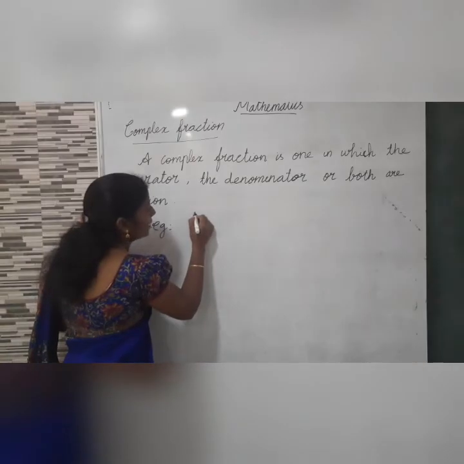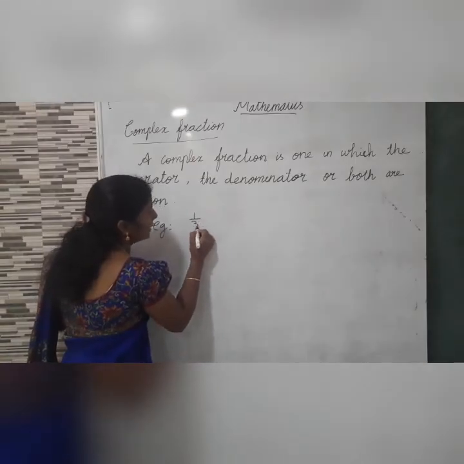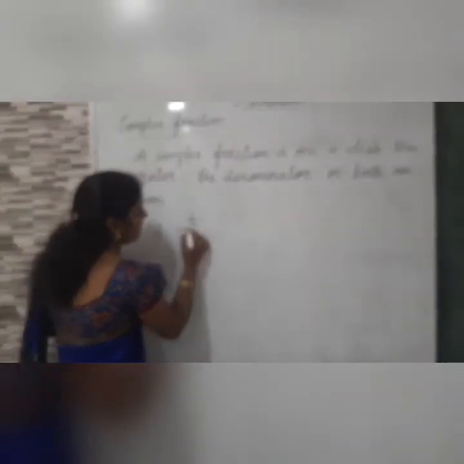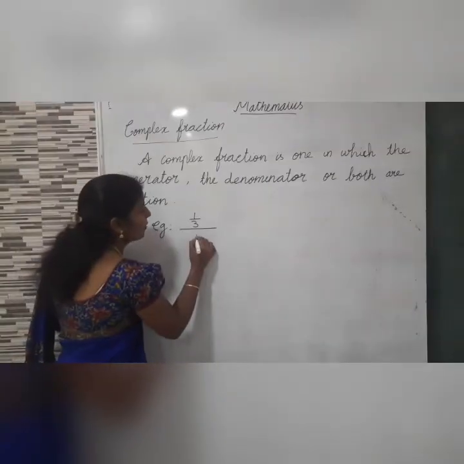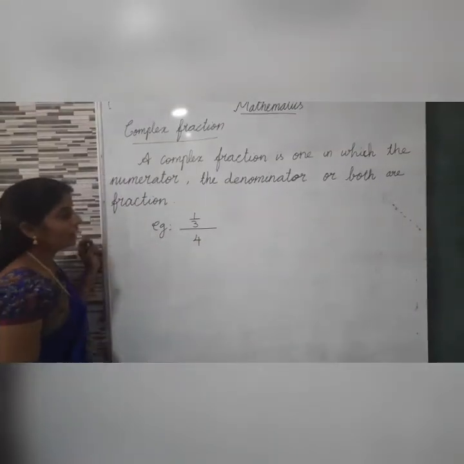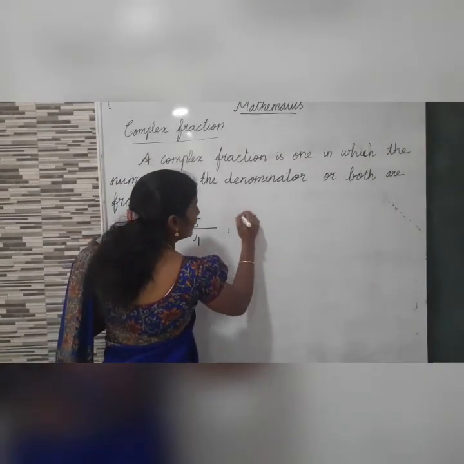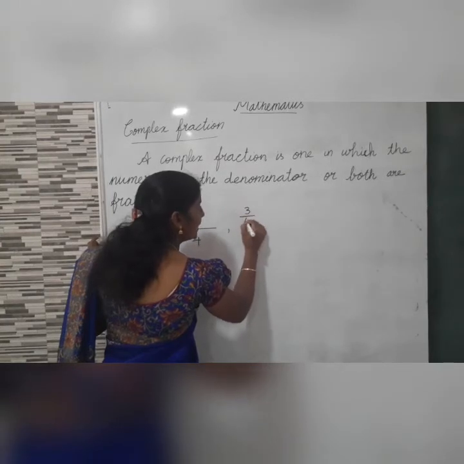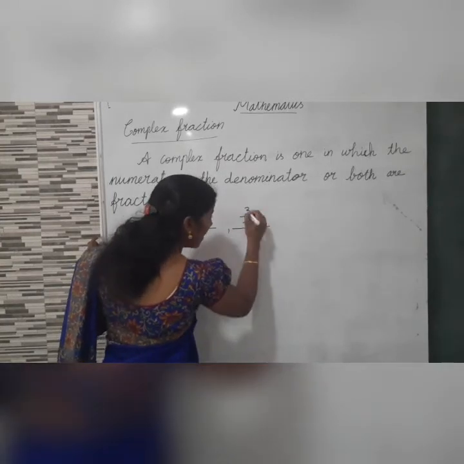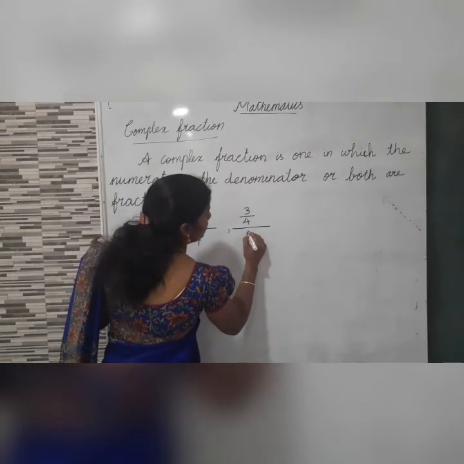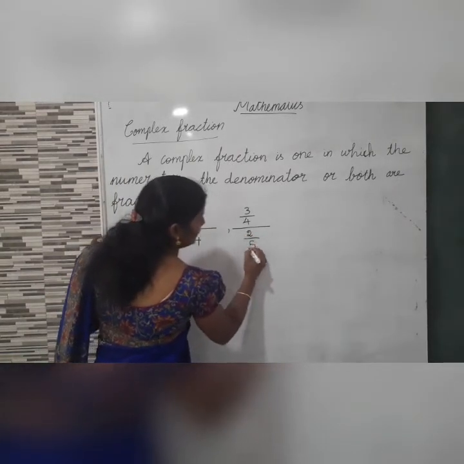Here the numerator is 1 by 3, which is in fraction form, divided by the denominator 4. Otherwise the numerator is 3 by 4, any one fraction, and the denominator also is in fraction form, 2 by 5. Like this.